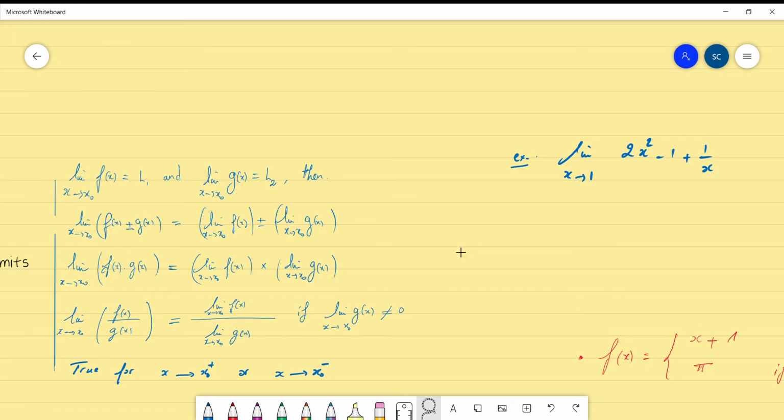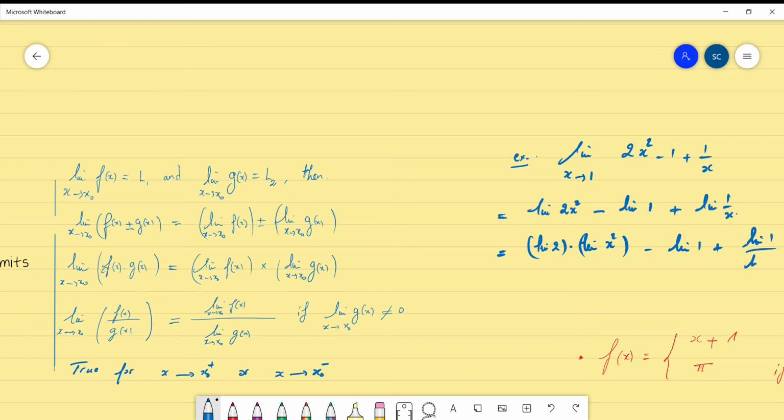So yes, I can use the theorem. I have a difference of two functions, then a sum with another function. Then I have limit of 2 times limit, I use the properties, minus limit of 1 plus limit of 1 over limit of x.